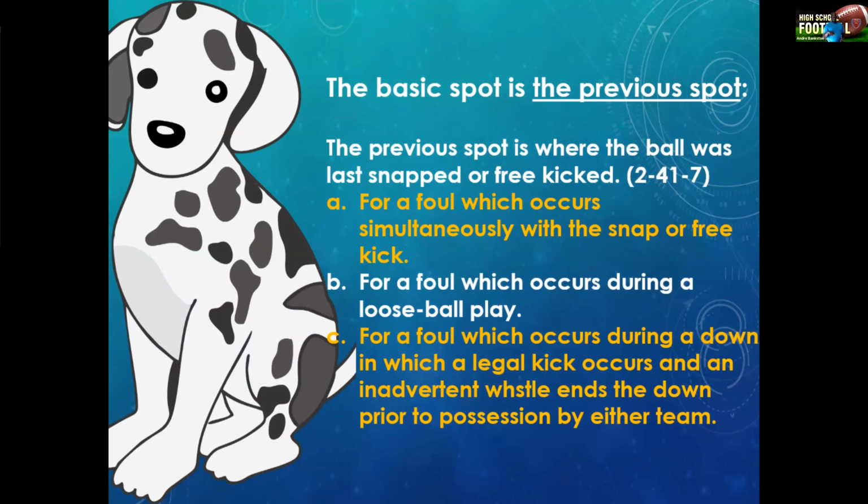If it was R who fouled, which is really bad, and we had an inadvertent whistle, then we mark off the foul from the previous spot. It may give K enough for a first down, which it should have been R's ball, but because of our inadvertent whistle, K keeps the ball, right? And now we affected the play, and it sucks, all right?